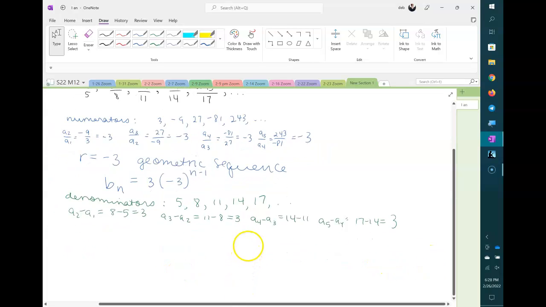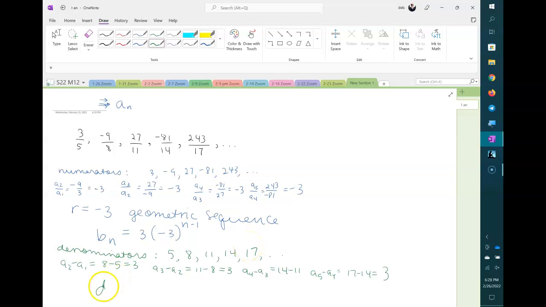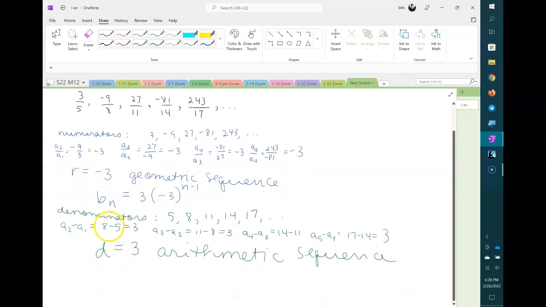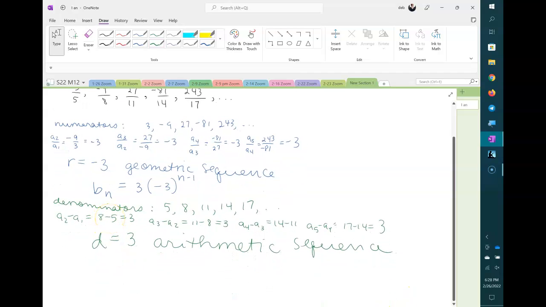And they are all indeed equal to 3. So you have a common difference of 3, and you can see that because you have a common difference, then you know that it is an arithmetic sequence.